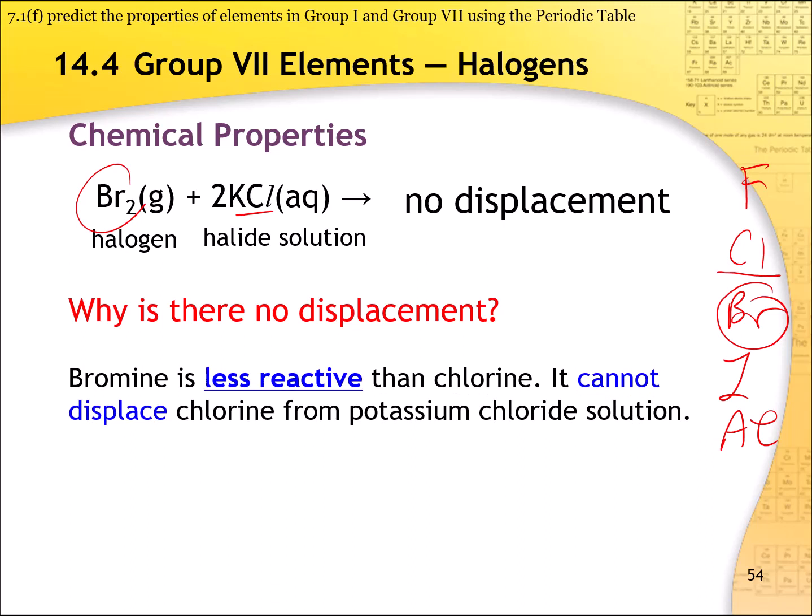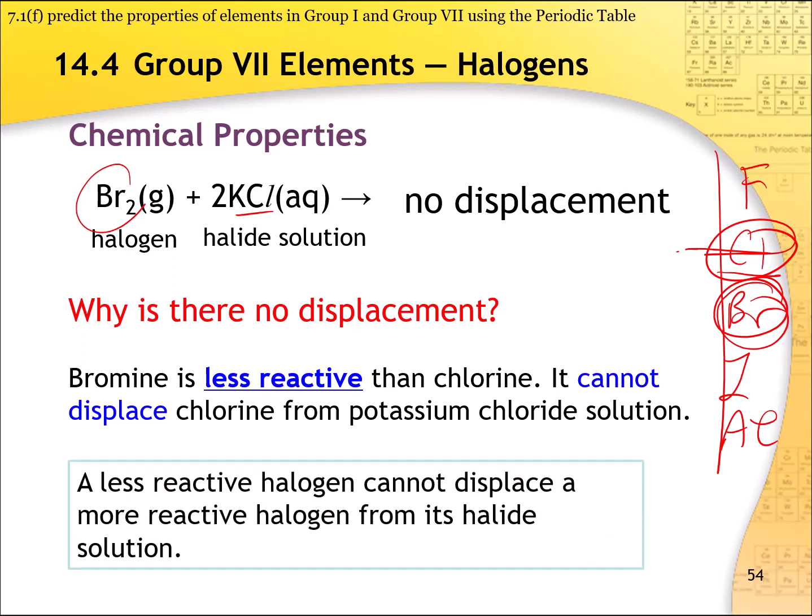Because bromine is less reactive than chlorine. Look at this periodic table. Chlorine is here, and bromine is here. So chlorine is more reactive than bromine. Therefore bromine cannot displace chlorine because it's less reactive. So a less reactive halogen cannot displace a more reactive halogen from its halide solution.